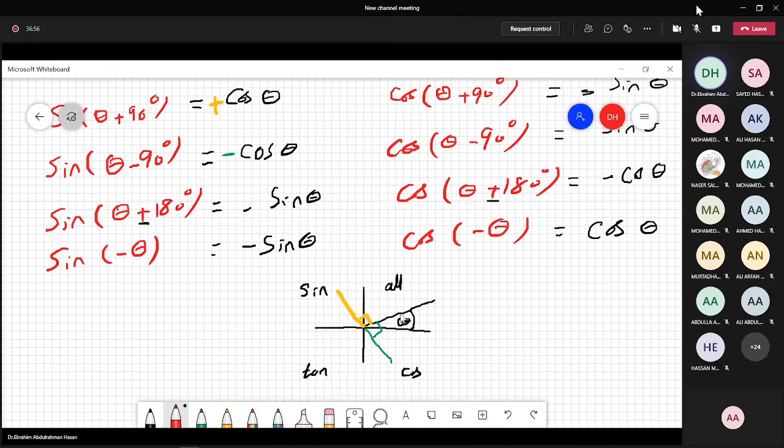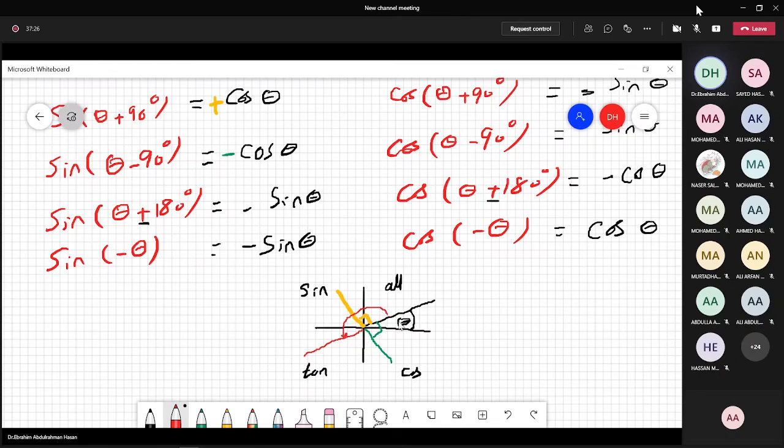If this is my theta, then plus 180 will be here. هذه من هني لهني 180 positive, or from here to here it is minus 180. So I will be on third coordinate, and here sine will be negative, so then it is minus sine. Plus 180 بتبقى sine.